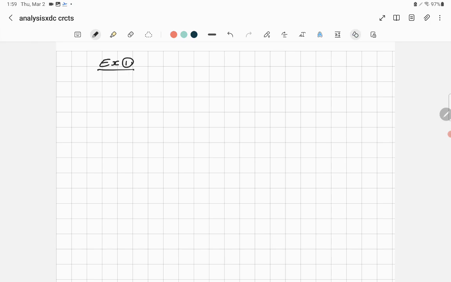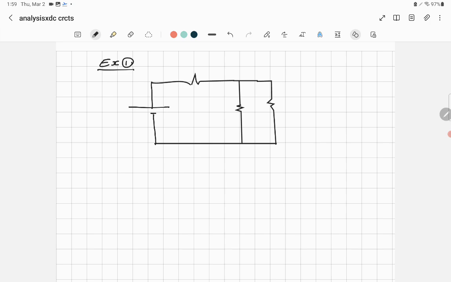Let's say that we have a resistor connected to two other parallel resistors and powered by a voltage supply.